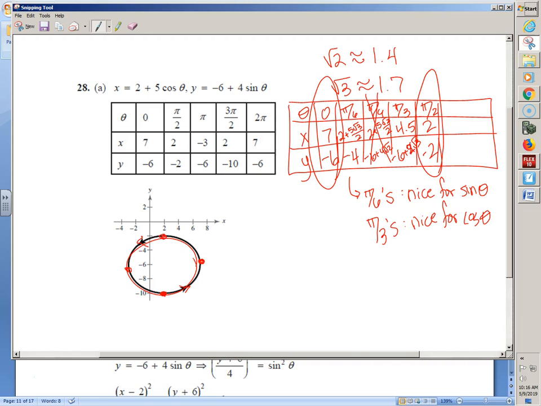So that's why I was giving you a little heads up that we don't mind bringing this guy in, but only for sines. Since this guy is both sines and cosines, I would have left all of these out, just like the book did. I was just trying to show you, he's not bad if he just has a sine, just for future reference. And he's not bad if you just have a cosine, just for future reference.